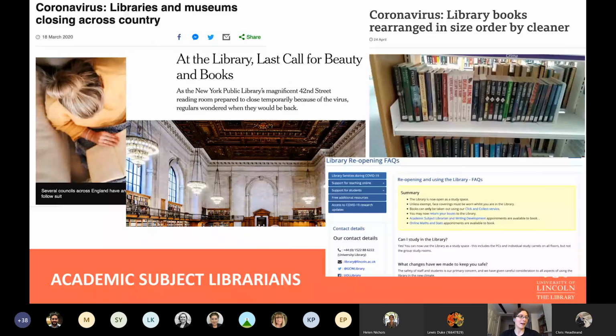Thank you. So one of the things I noticed as a librarian, especially during lockdown, is how very strongly people tend to associate libraries and archives with physical spaces.